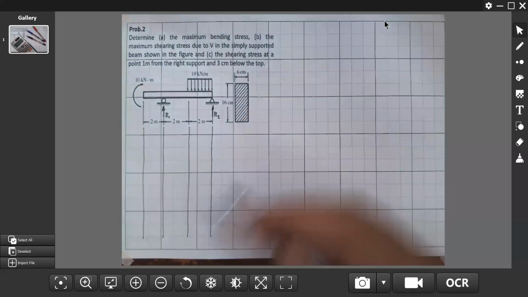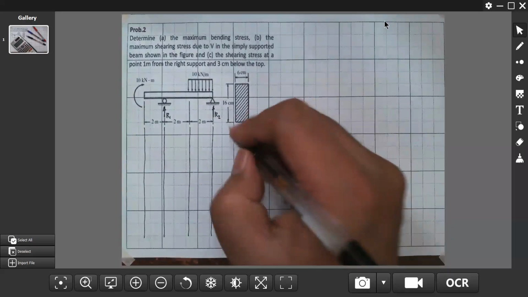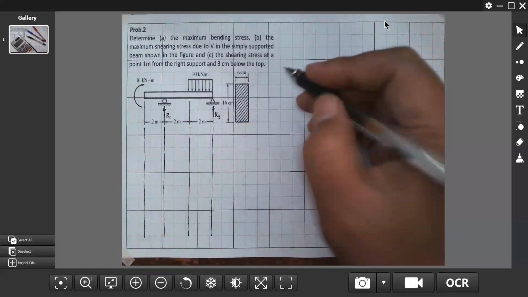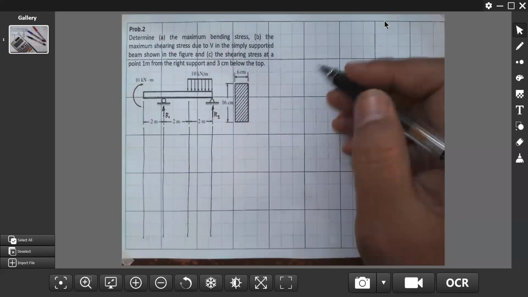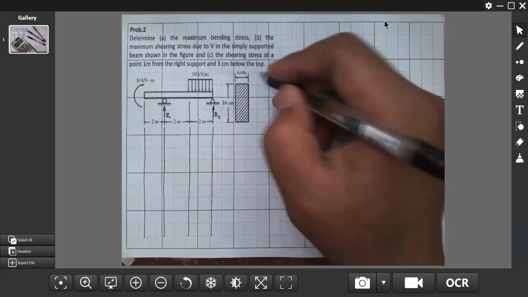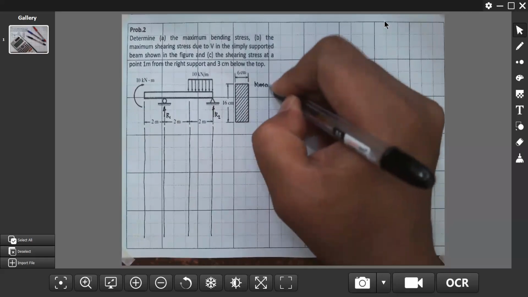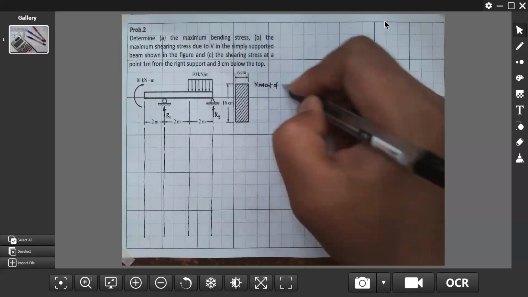Step one is to solve for the moment of inertia. Okay. Moment of inertia.